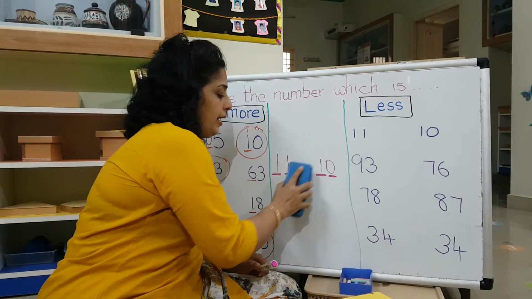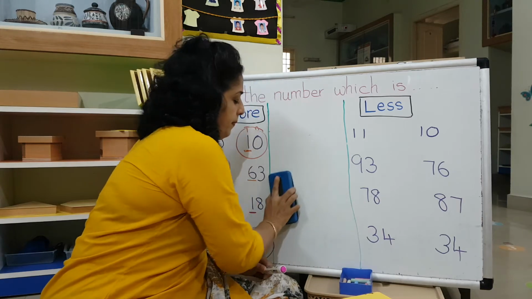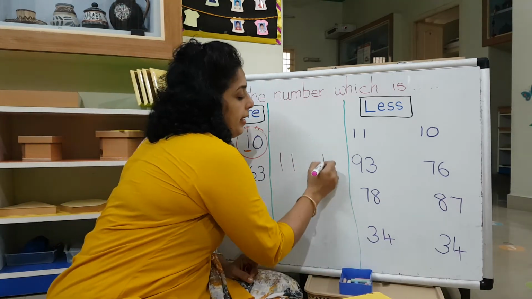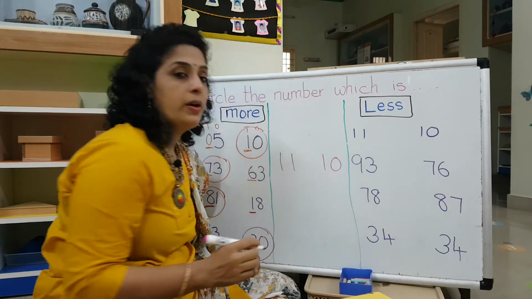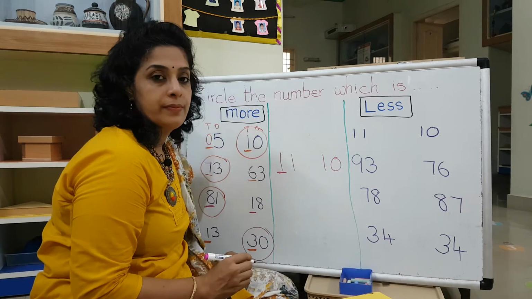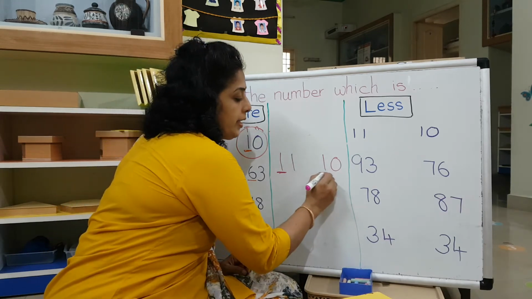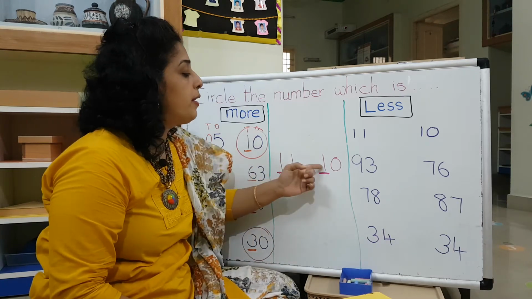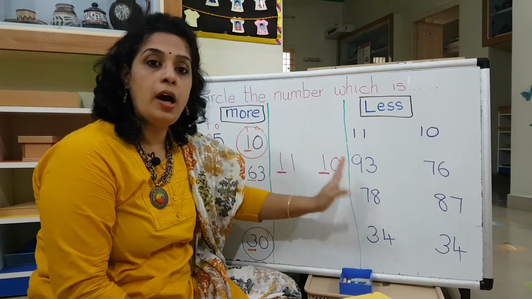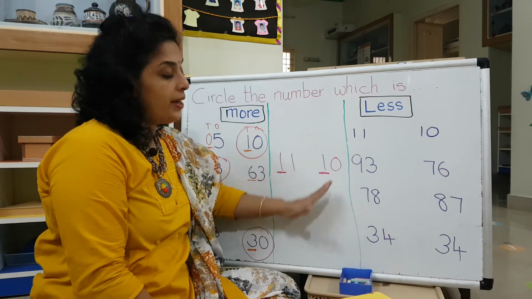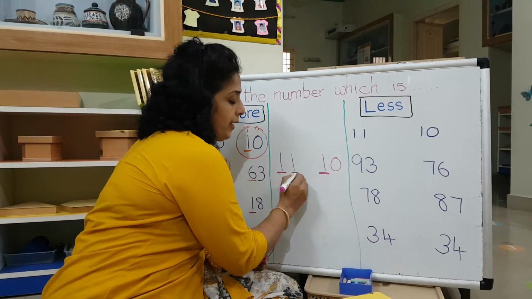I'll tell you one more time. 11 and 10. Okay, first you will check the tens place, for both numbers you have to check the tens place. But we have a problem here. Both of them have 1, 1. Here 1, there 1. So what do you do? Both are same, no? So you go to the next number in the ones place.